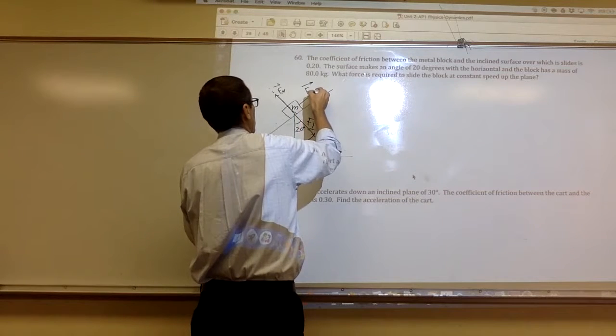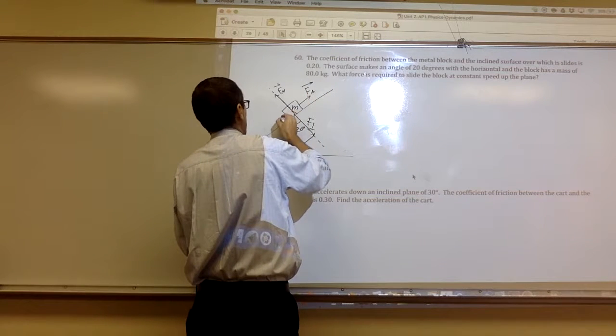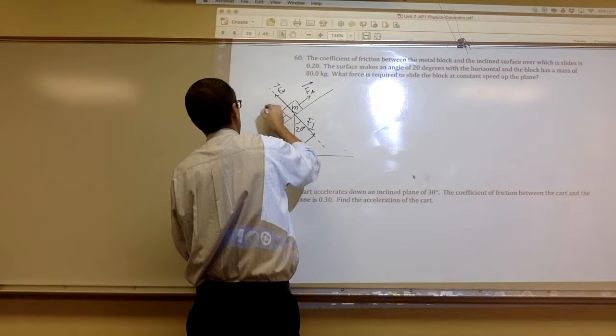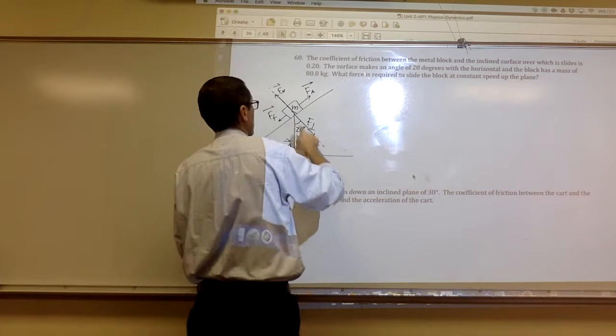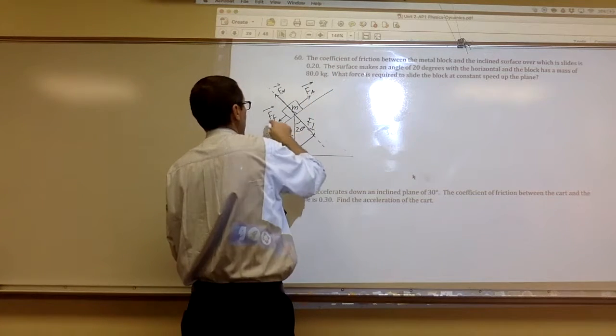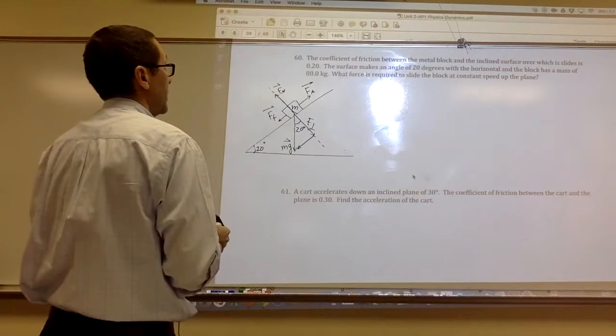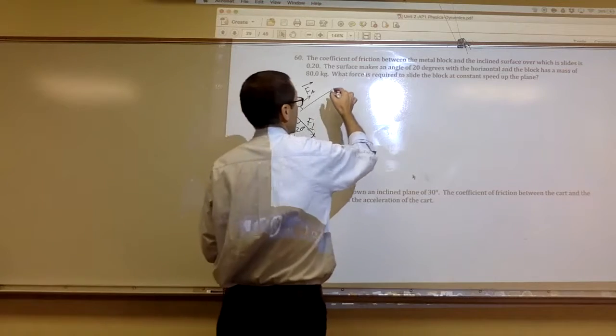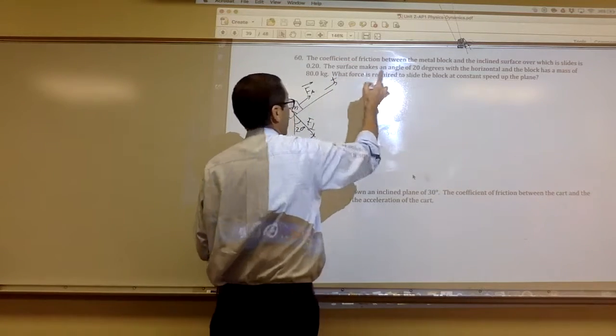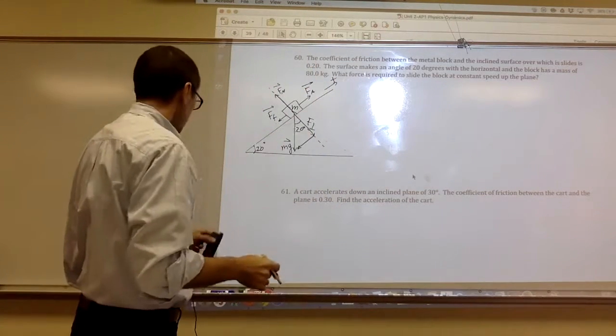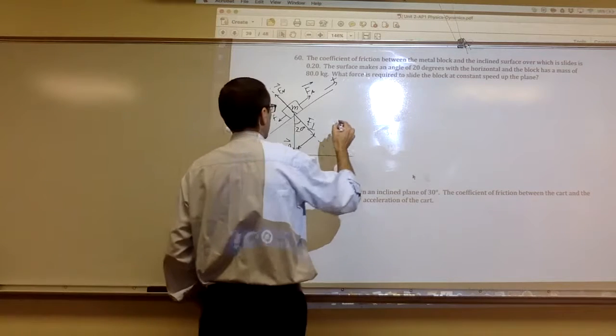So here is an applied force, and friction is going back. Right? So Fa is trying to move you up the ramp. Ff and the mg sine theta are dragging on you to hold you back. And up is positive here. And again, it says constant speed, which means there is some equilibrium here.